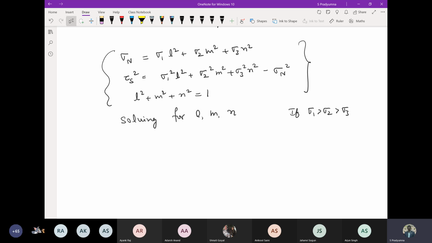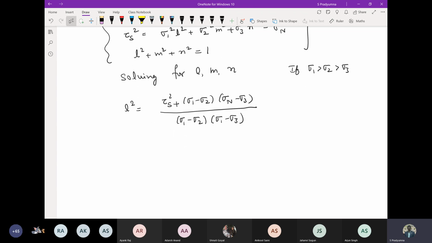Therefore, if I solve these three equations, I get L square equal to tau S square plus sigma n minus sigma 2 into sigma n minus sigma 3, divided by sigma 1 minus sigma 2 into sigma 1 minus sigma 3. This should always be greater than or equal to 0, right? It cannot be negative.